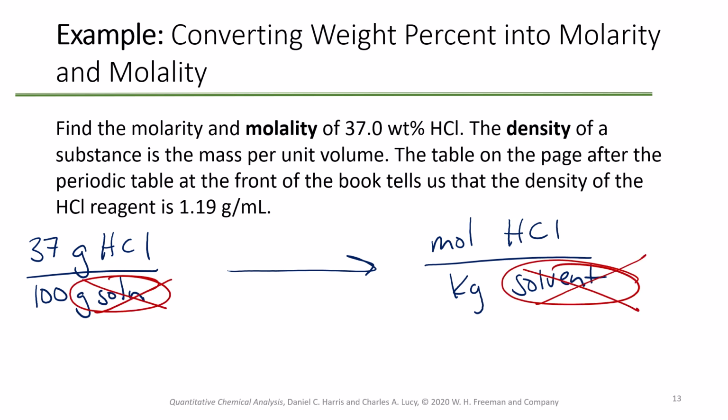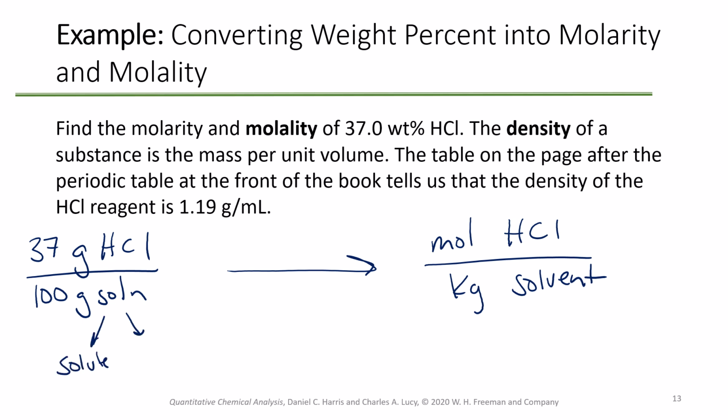So if I was to convert 100 into kilograms by dividing it by 1,000, you would not get the right answer. The way that you want to think about this is, the definition of solution is solute plus solvent. If in this 100 grams I have 37 grams of solute, how many grams of that is going to be solvent?